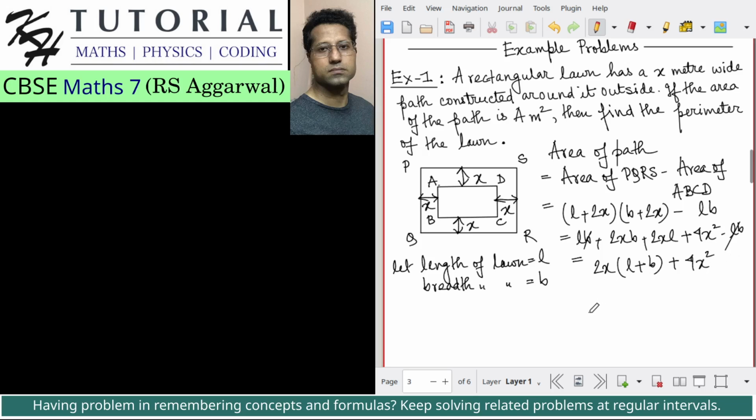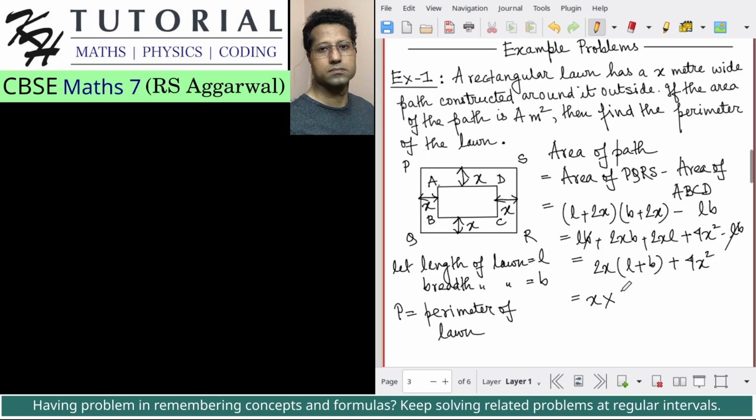Now the question has asked to find the perimeter of the lawn. This is 2x into L plus B, which is equal to x into 2 into L plus B, and 2 into L plus B is the perimeter of the lawn. So let P be the perimeter of the lawn.